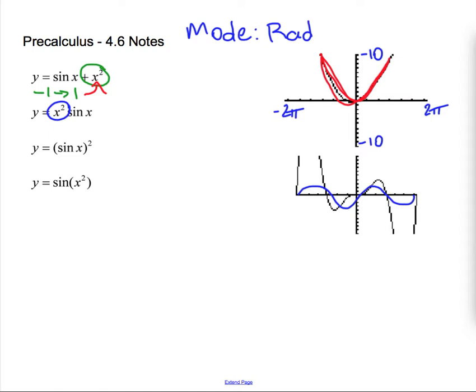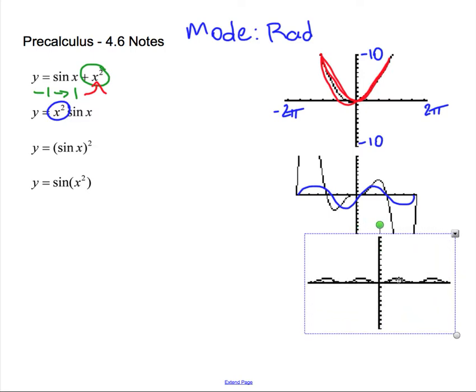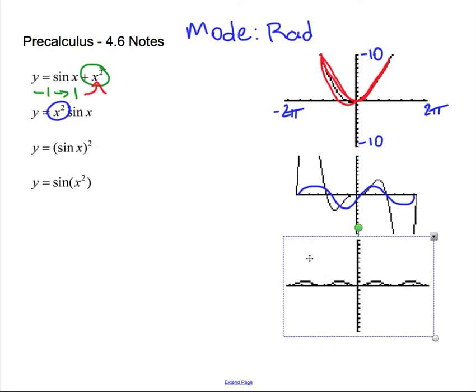What about the sine of x squared, like the whole thing now? Let's look at this one. He's going to look like this. Again, this is on the same viewing window, from -10 to 10. Now think about when you square a number. You will always have a positive number.